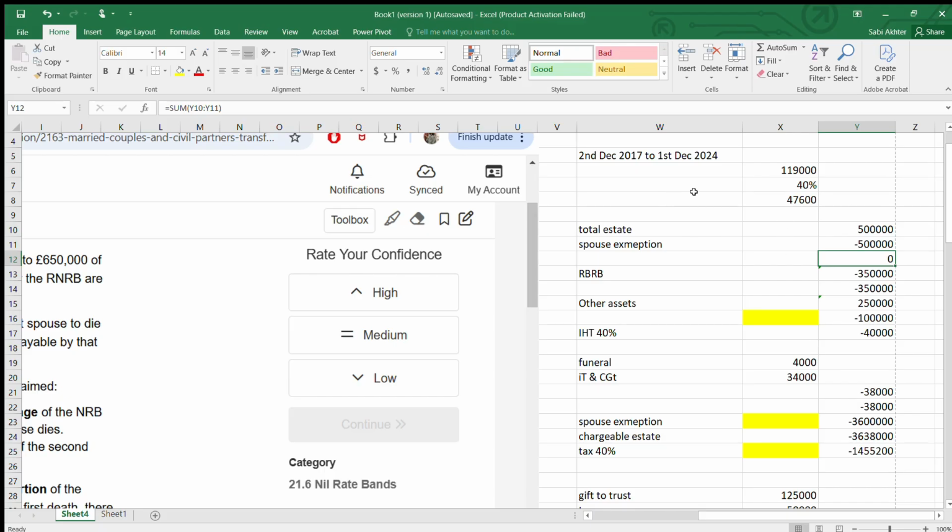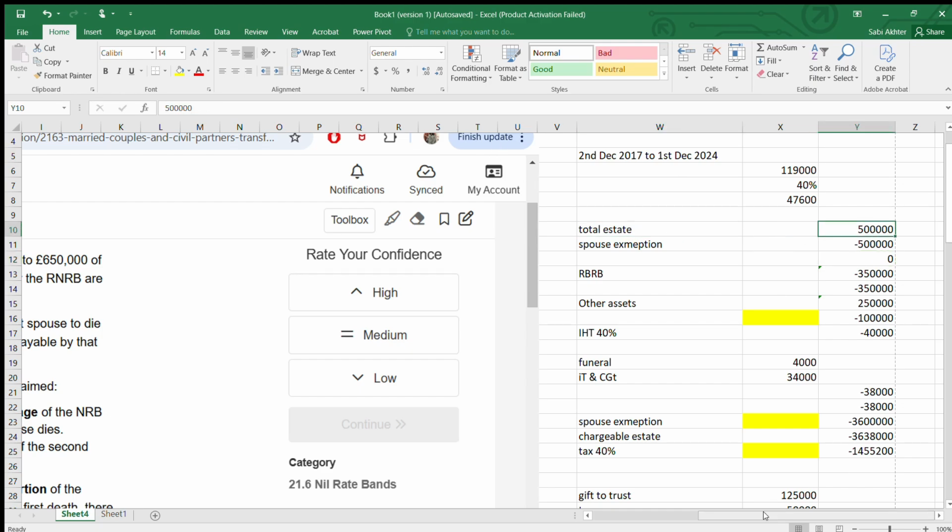So the nil rate band available would be 325 of Deborah and 325 of Alan. So total 650. Now we will be calculating B, chargeable estate of Deborah. So he is having 500 total estate in part B also.